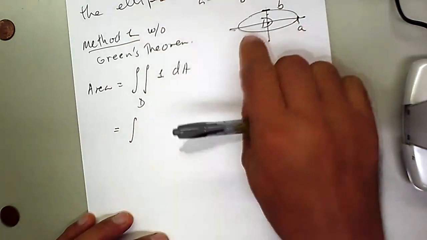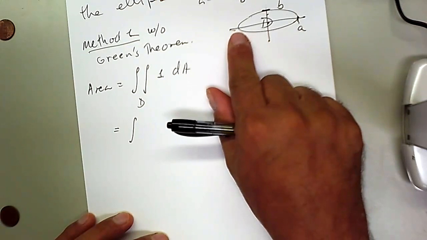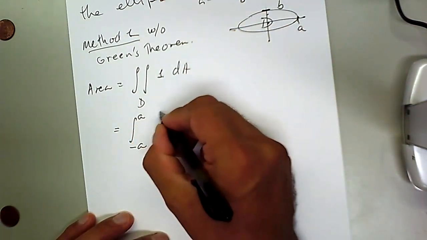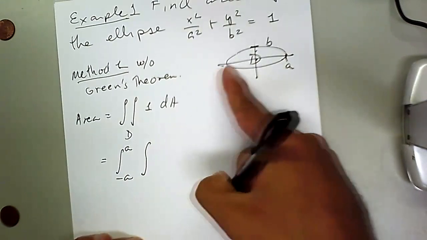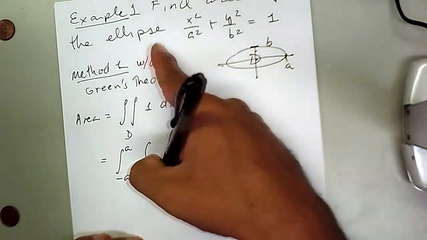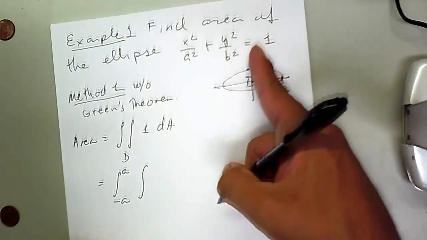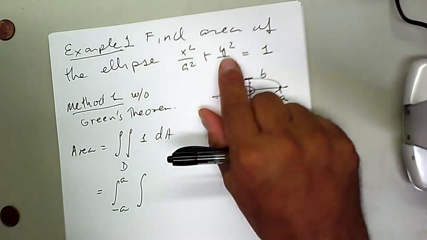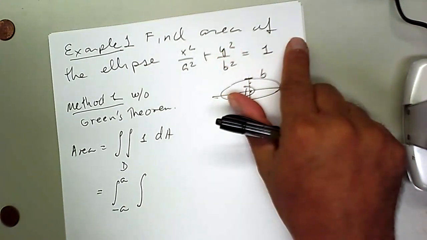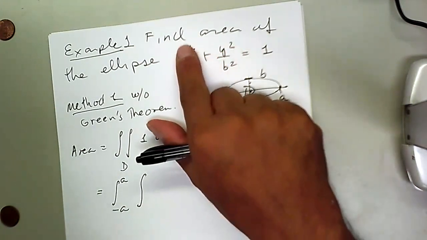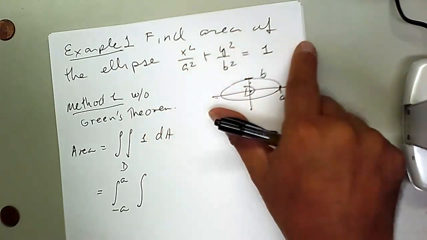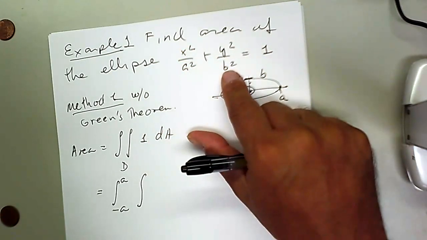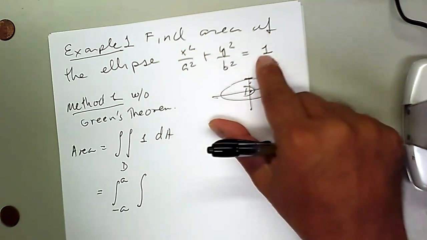So we go from negative a to a on the x axis. On the y's, we have to solve this equation for y. So x squared over a squared has to move to the other side, then we multiply by b squared, and after that we take the square root.